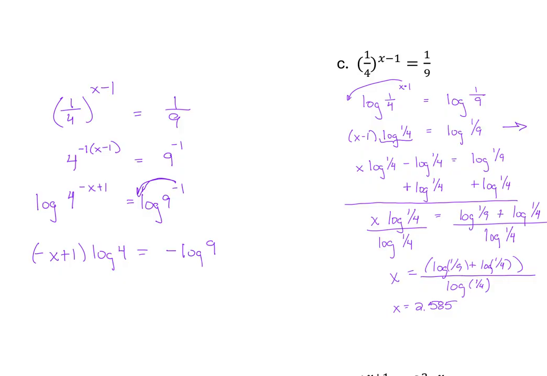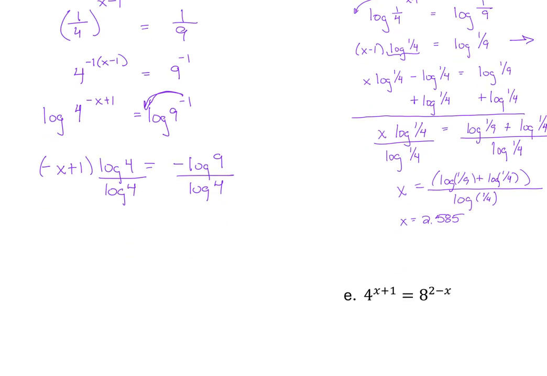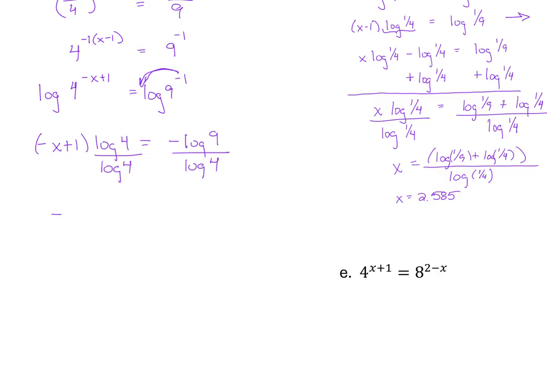And then again from here, you can either distribute or you can divide. I'm going to go ahead and divide. We get negative x plus 1 equals negative log of 9 divided by log of 4.